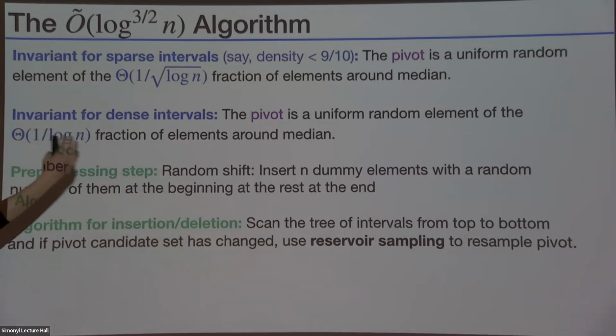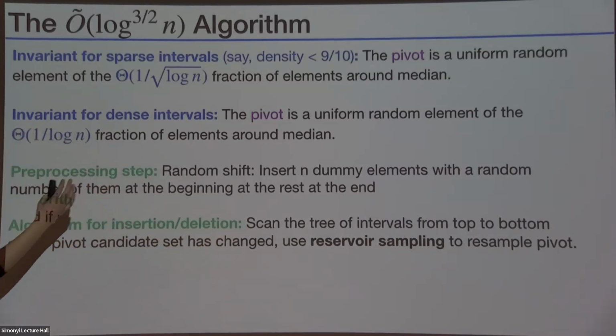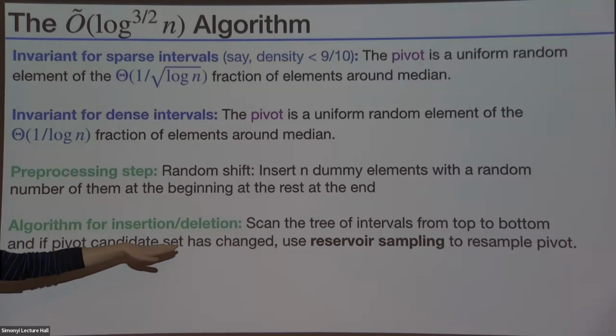So we consider the whole interval of elements, then down to half, etc. If the pivot candidate set has changed based on our insertion or deletion, the pivot candidate set might have lost or gained an element. We need to keep the invariant that the pivot is a uniform random element of the candidate set. So then we just use reservoir sampling to resample the pivot down the tree.